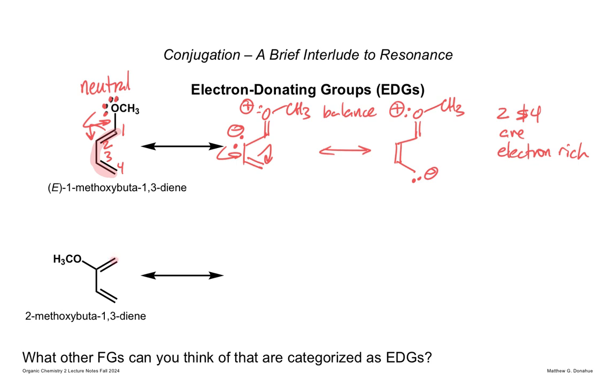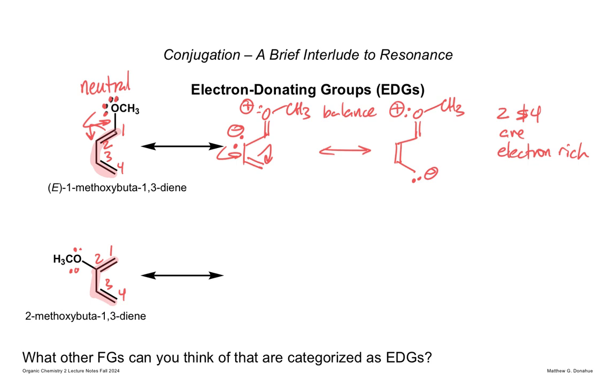In the next case, we have the same 4-carbon diene, but now we've moved that substituent over to carbon 2. What you'll notice now is because it's now on carbon 2, it can only push those electrons to carbon 1.